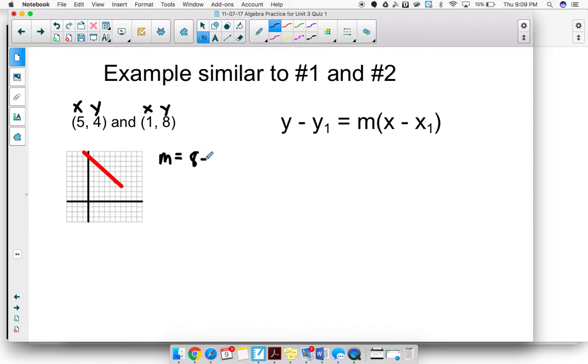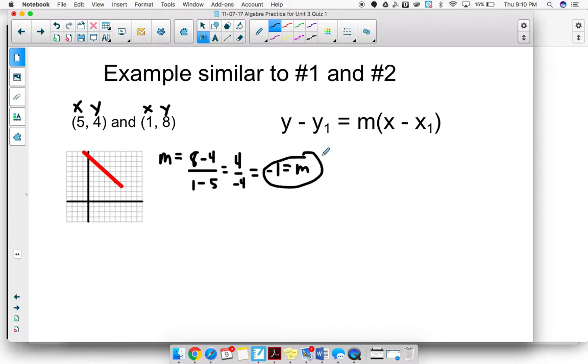So 8 minus 4. And then my x's would be going in the same sequence, 1 minus 5. All right, so that gives me 4 divided by negative 4, which in this case is an actual integer value. So my slope here is going to be negative 1.